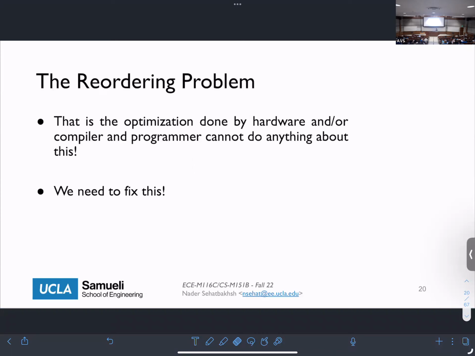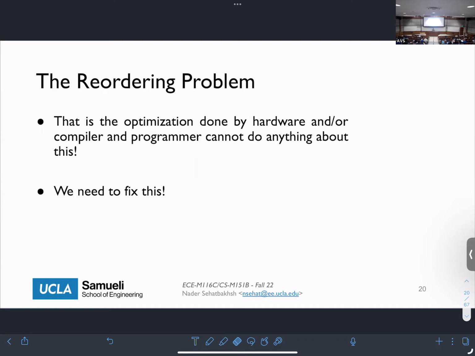The reordering problem is that if I move things within one core, and it's perfectly valid and legal to do that for performance purposes, that will create lots of problems for the other core. And remember, this is basically the hardware problem, because hardware wants to get more performance and does these weird things, and the programmer has no idea that this is happening.